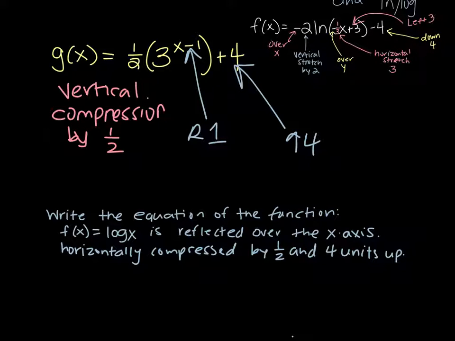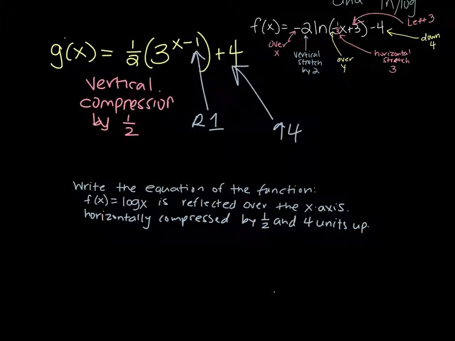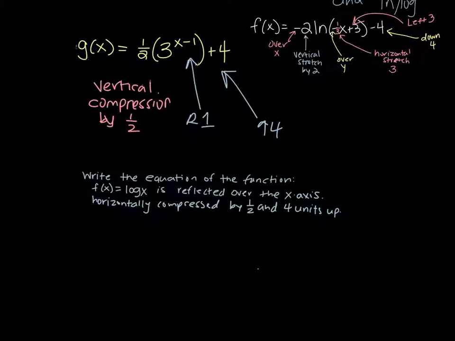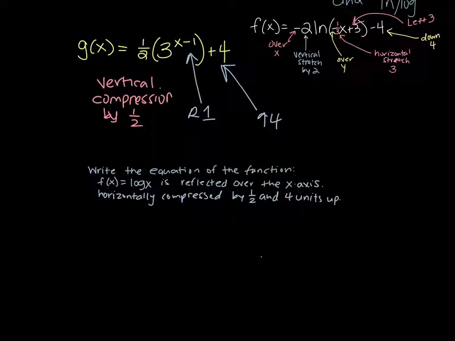So then the last kind is this last one. Write the equation of the function. If the parent function is f of x equals log of x, and it's reflected over the x-axis, a horizontal compression by half and 4 units up. So what's over the x-axis? Where does that happen? In the parentheses.